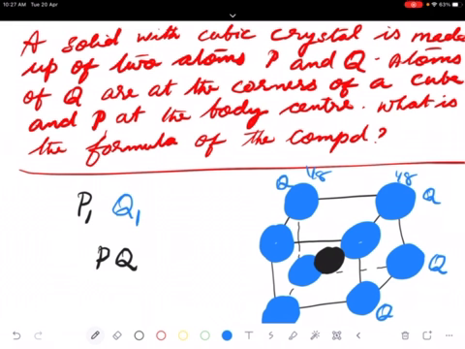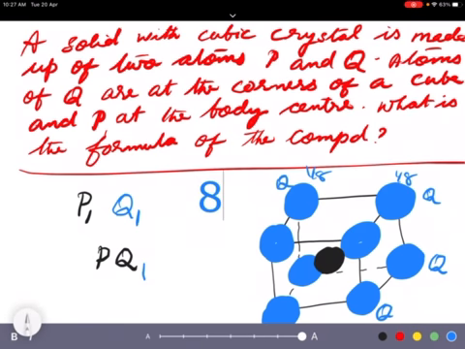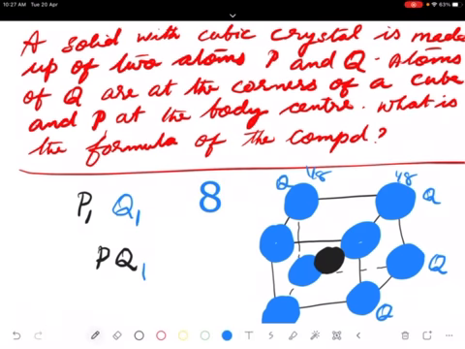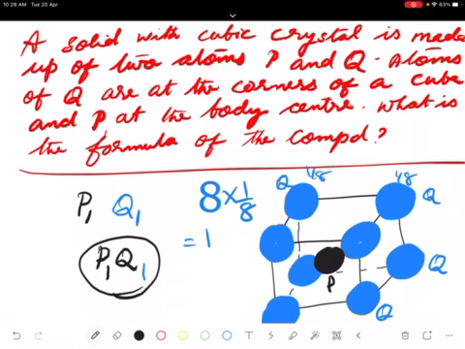How we got this 1? 8 into 1 by 8. So that is 1. And this one is P. Its contribution is full, so that we are writing as 1. So the formula will be PQ. Thank you.